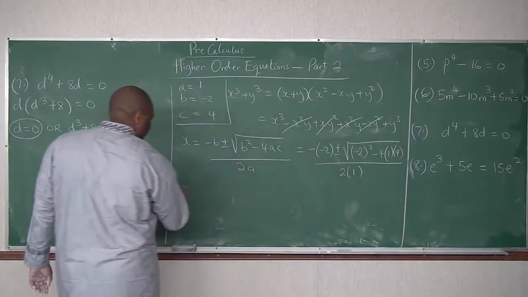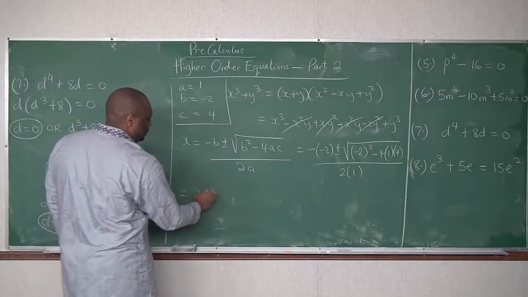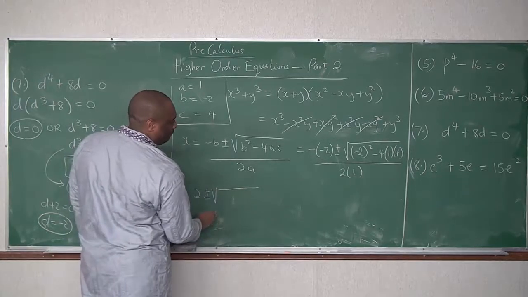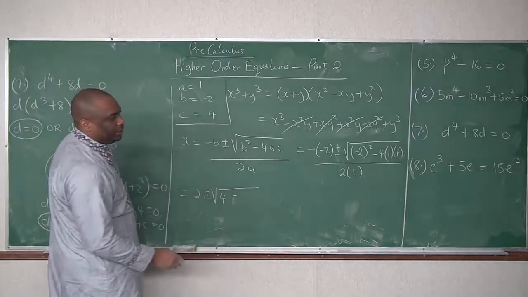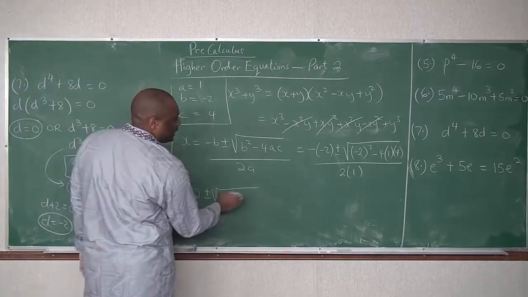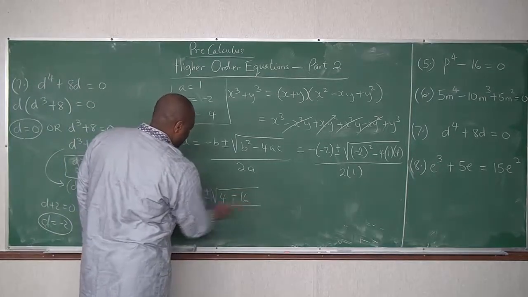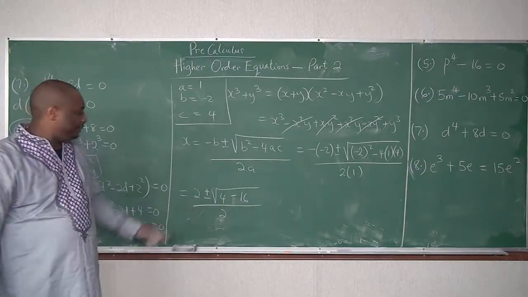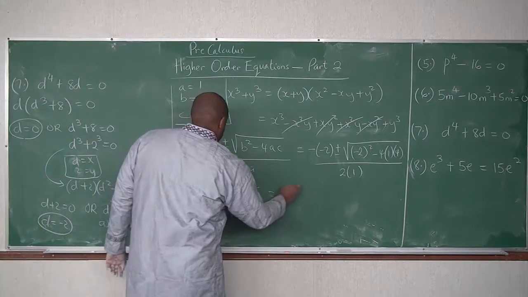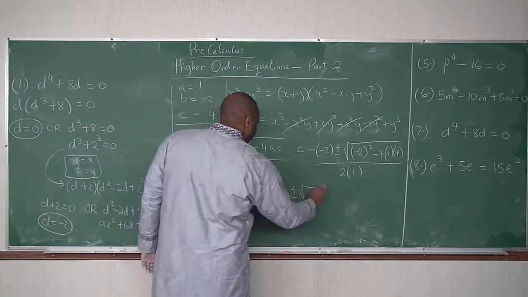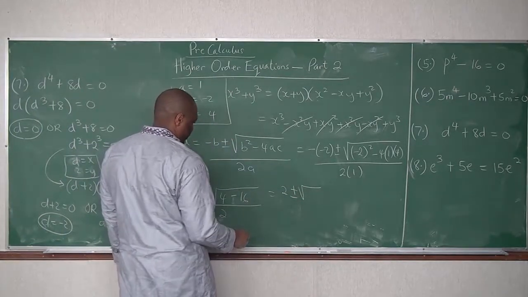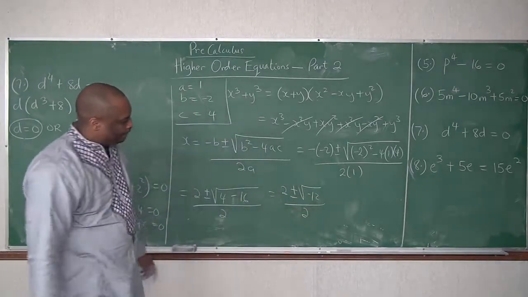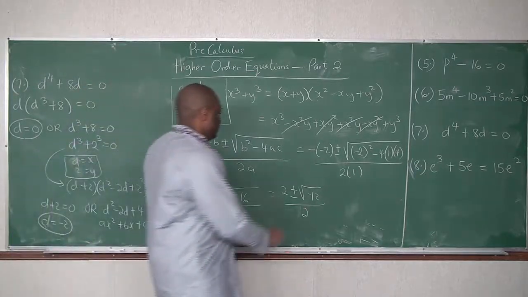So this will be equal to 2 plus or minus the square root of 4 minus 4 times 4, which is 16, all over 2. So this will be 2 plus or minus the square root of 4 minus 16, which is -12, over 2.